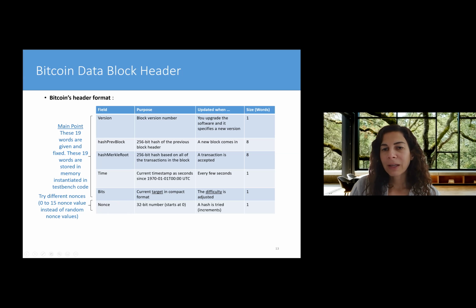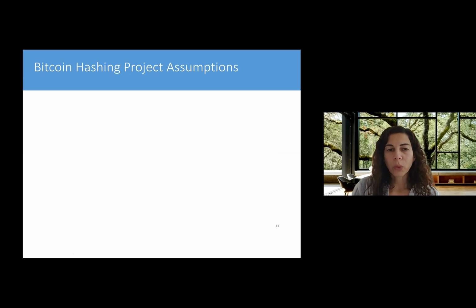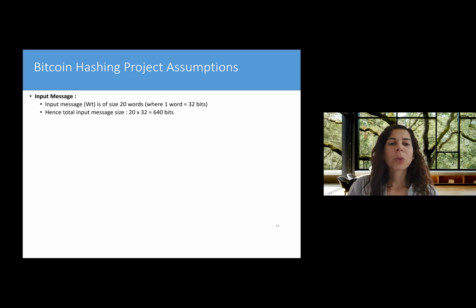So 1 plus 1 plus 1 is 3, plus 16 is 19, and with 1 word for the nonce, this makes 20 words. The input message is of size 20 words, where 1 word is 32 bits. Then the total input message size is 20 times 32, which is 640 bits.